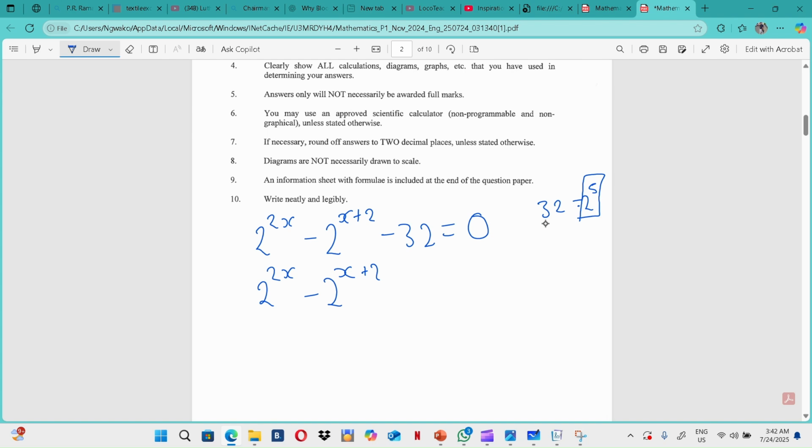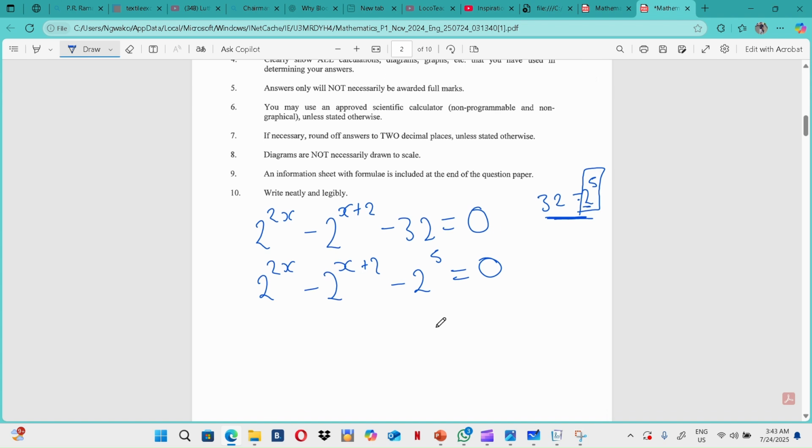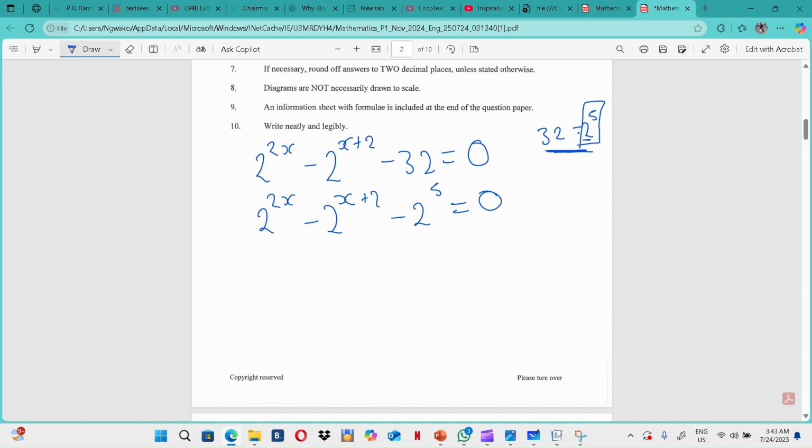Because we found out that 2 to the power 5 gives us 32, therefore you write it like that. You say 2 to the power 5 is equal to 0. Now, I advise that when you get to this point, you must know your laws. Remember that when the bases are the same on the left and the right, you can drop your exponents.